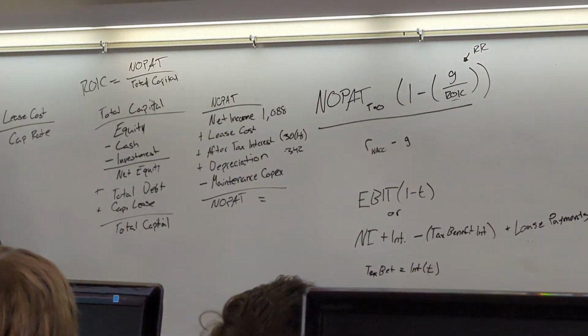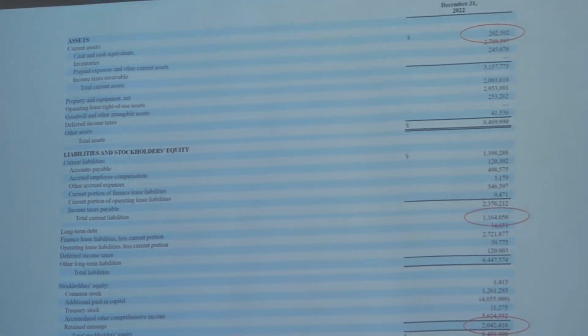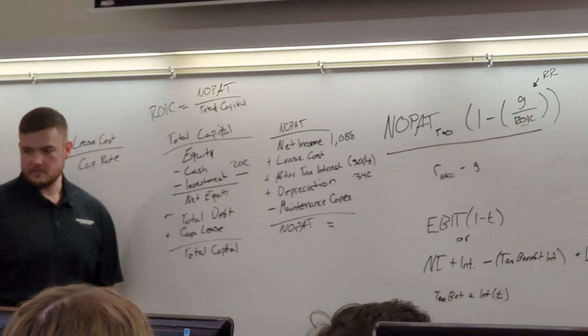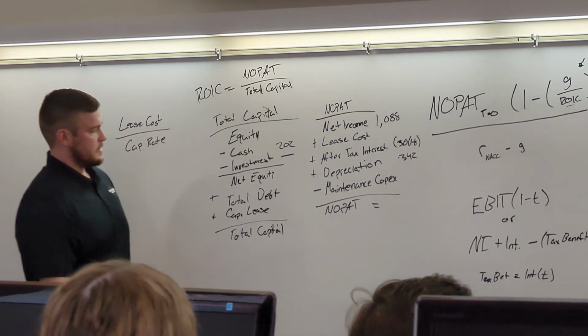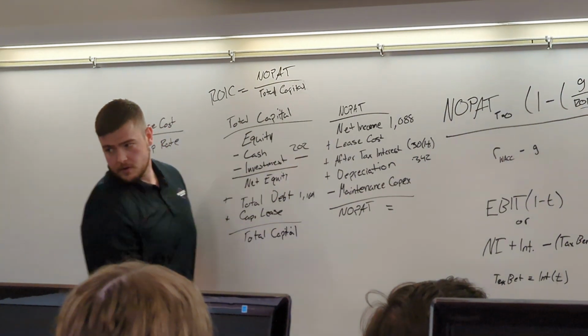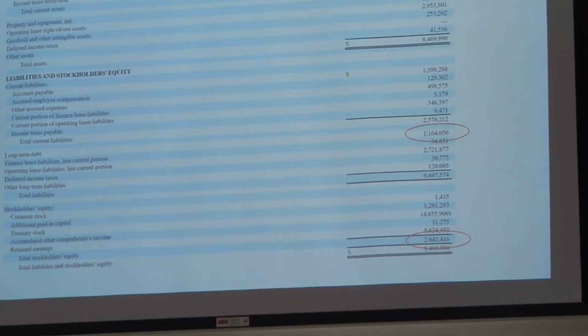Okay, now we're looking at the balance sheet. At the top, we have our cash, 202. They don't carry any substantial investments outside of cash and equivalents. Long-term debt, 1.164. Got my total shareholder equity, 42.